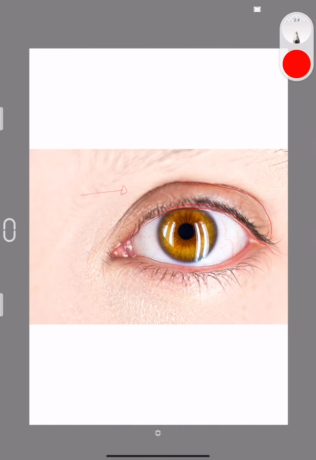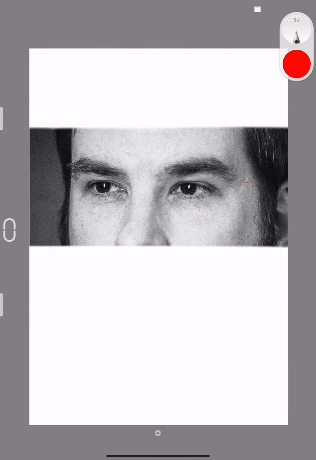Now that is the reason why we always start with the top lid, moving down towards the tear gland, bottom lid into the top embankment towards where the eyebrow is, because every person is different.